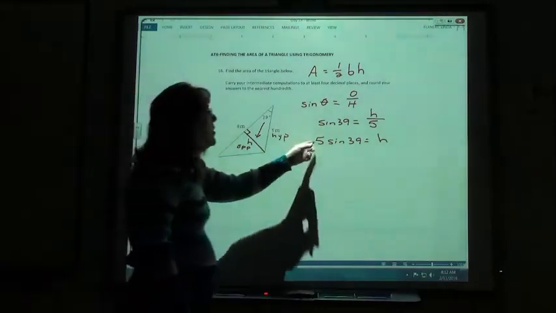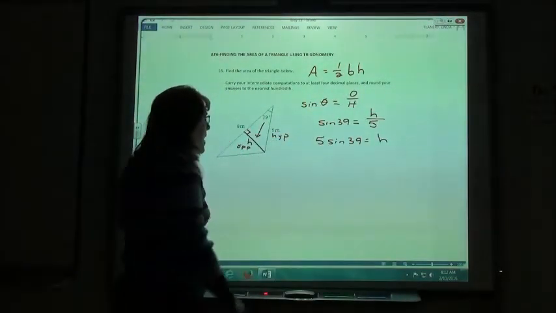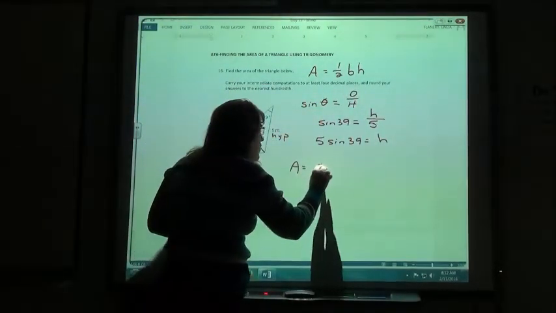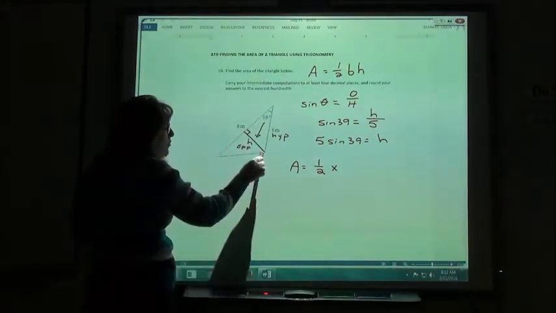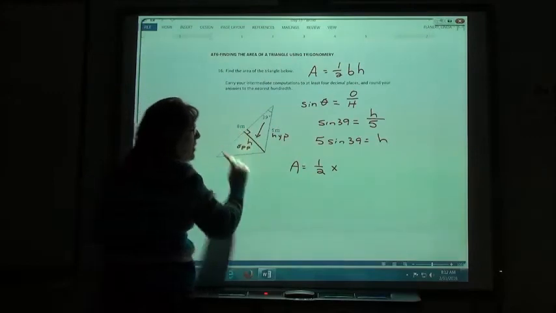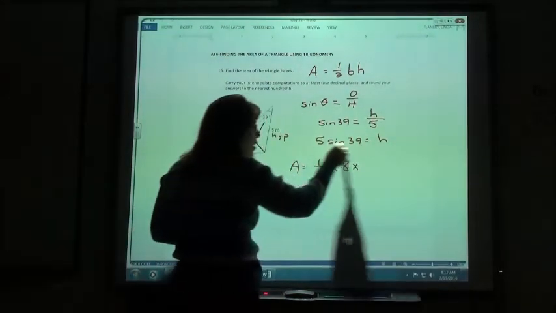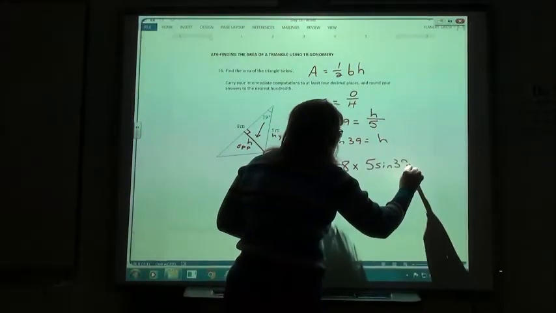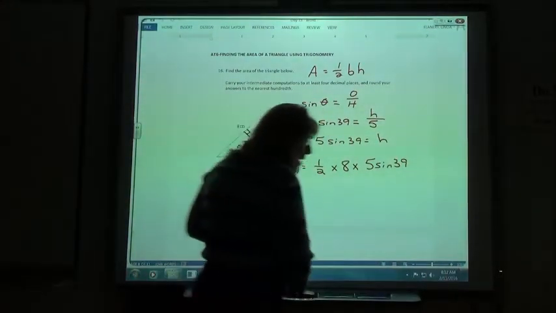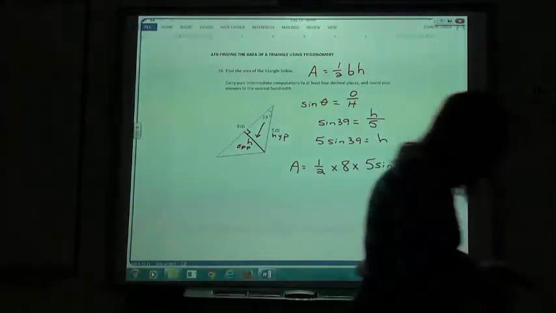I'm just going to throw it into my formula for area. So area is equal to 1/2 times the base. The base is the one that we drew our right angle to, so that would be our 8, times our height, which we found up here, 5 sine of 39. And then I'm going to grab my calculator and punch that in.